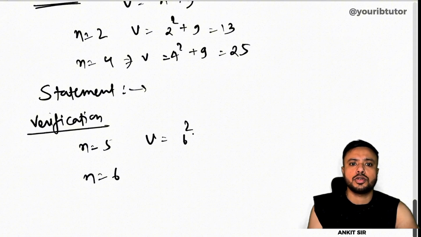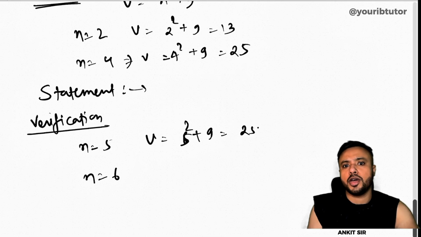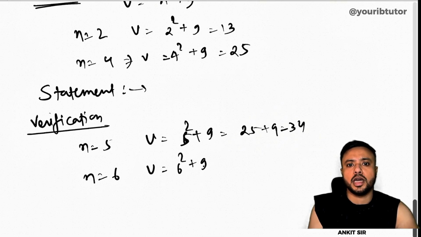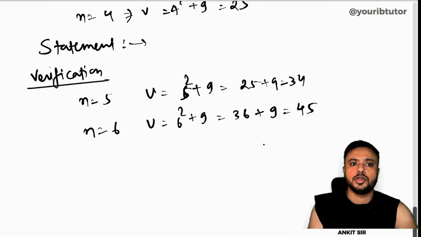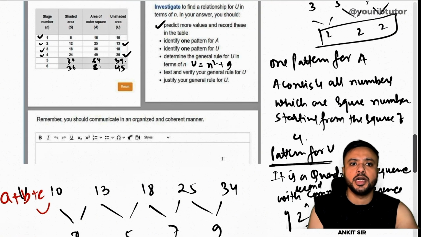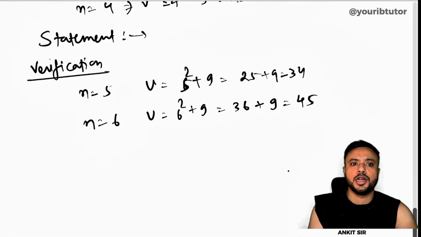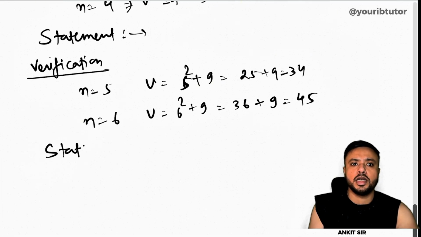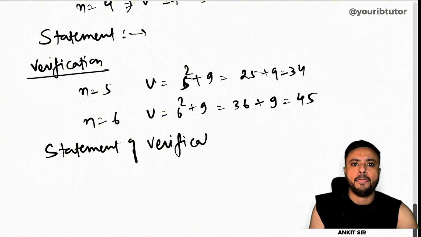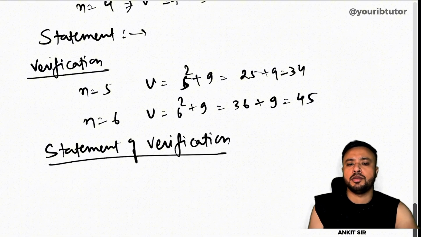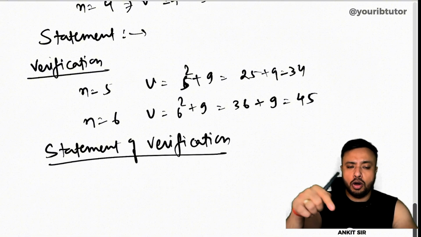So u equal to 5 square plus 9, which is equal to 25 plus 9, which is equal to 34, and u equal to 6 square plus 9, which is 36 plus 9, which is equal to 45. So you can clearly see here that the values which we predicted are same as the values which we are getting here. After that, you have to write that statement of verification. You can check the verification statement in my previous video or in the description, guys.